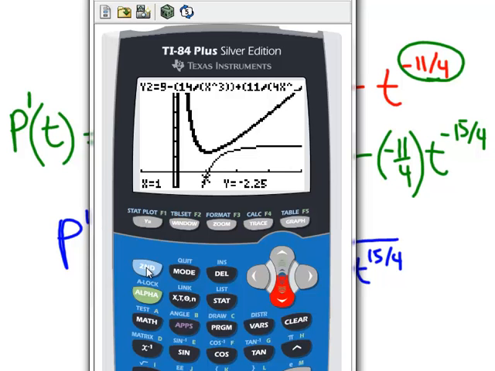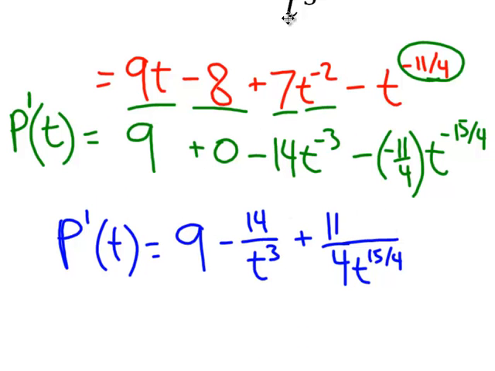Let's check one more point, second calc number 6. Let's check at x equals 2, and I see I'm getting 7.45, etc. And if I jump to the derivative function, I get 7.45 and change. So we'll say that that looks pretty reassuring that we have got the correct answer here.